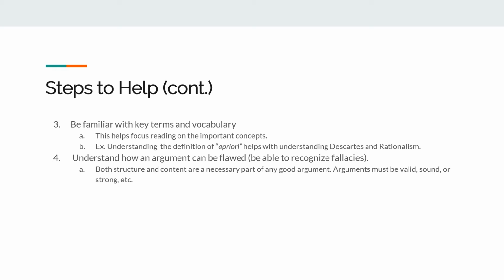It can either be unsound or it could be invalid, meaning that the structure is not put together well, or some premise or proposition, some assertion is false. So with deductive arguments, remember, they can be flawed in a couple of ways, and then there are hundreds of fallacies that can be committed as well.